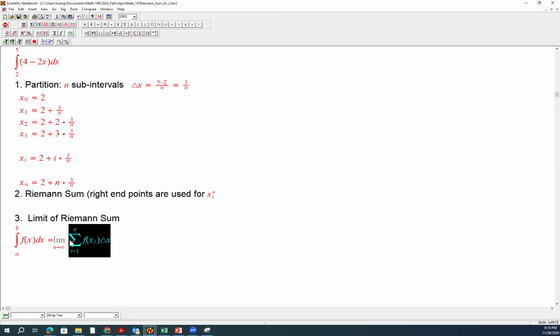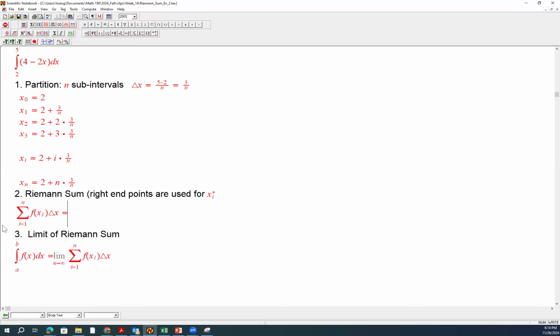So in the 2nd step, we're just going to compose the Riemann sum. We got our function, and x sub i is already there, so x sub i will be replaced by this piece. That's just a copy and paste. And delta x is 3 over n.